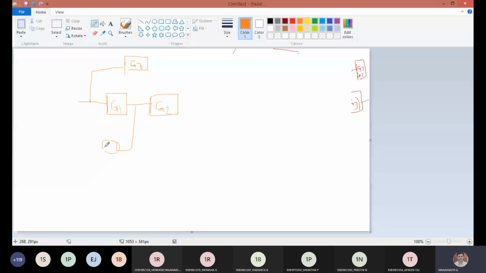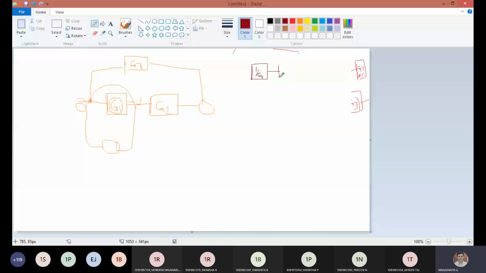If you are moving this ahead, then whatever things are there have to be multiplied by 1 by G1. If you do that, what is going to happen now? I will keep the thing as it is. Let me show separately how it looks first. So it's 1 by G1, then multiplied with G3.